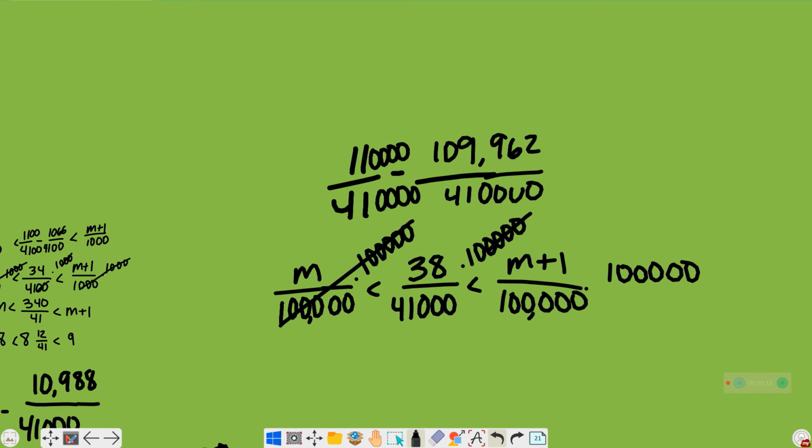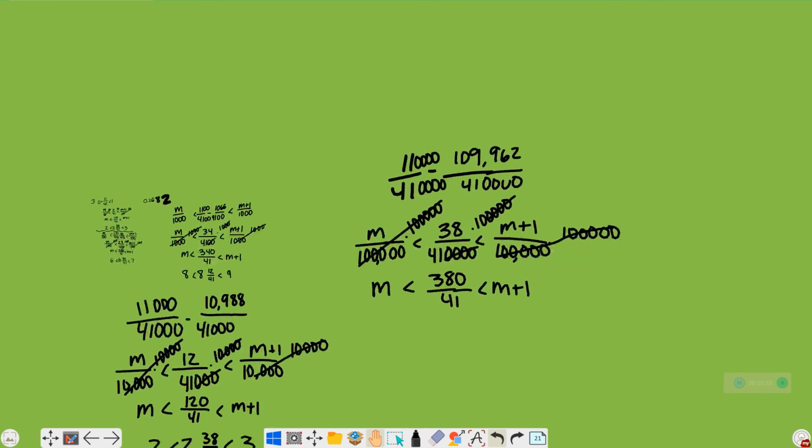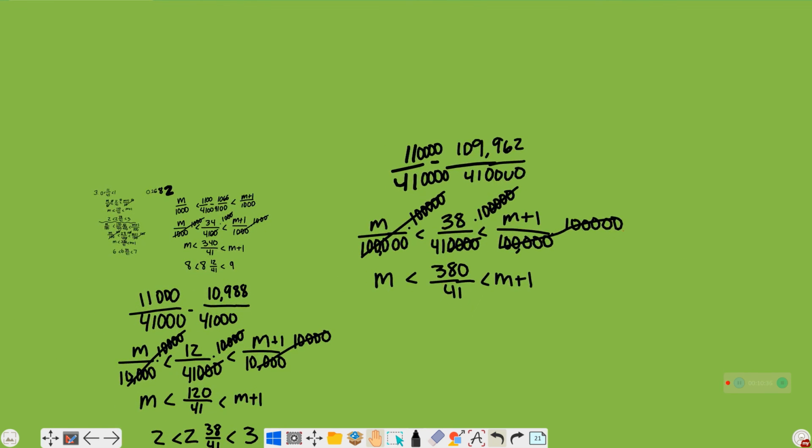Should have an extra 0 there. So we have m and 380 over 41 and m plus 1, which I believe we've done before. Looking for 380 over 41.